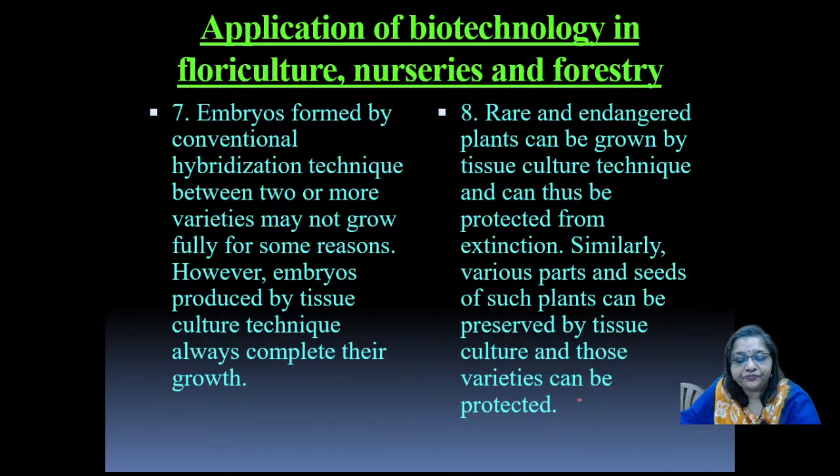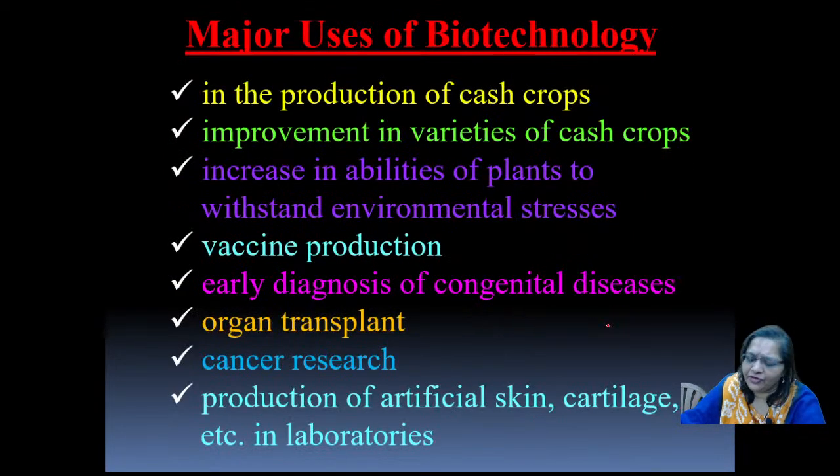So, by preserving the tissues of such plants, we can also protect various varieties of those rare and endangered plants. Okay, so application of biotechnology in floriculture, in the nurseries and forestries, all these are being nowadays taken up very seriously for the conservation of the environment.